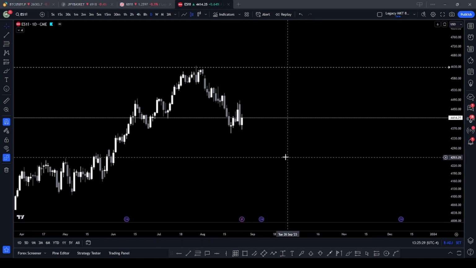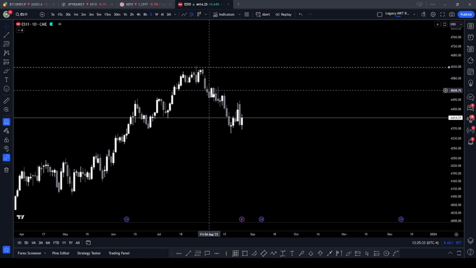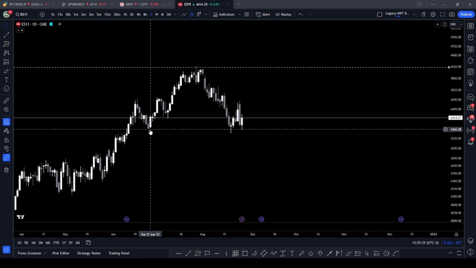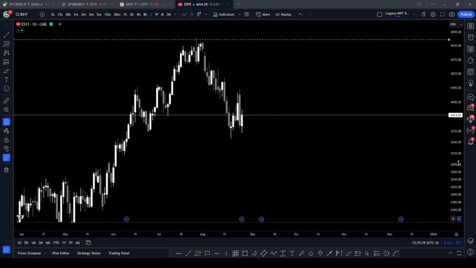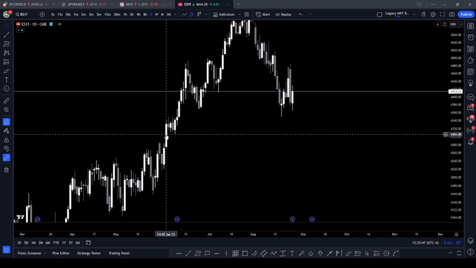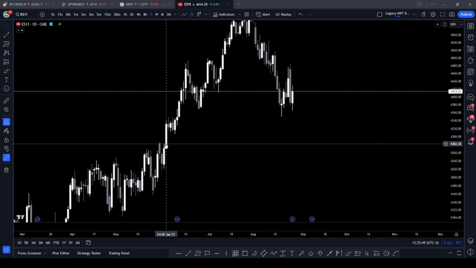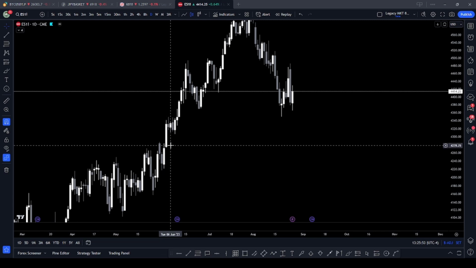Remember guys, price is only looking for two things: taking out the highs and the lows, or filling the gaps. There are different variants. Here is a gap. This is what we will call a volume imbalance gap. This is a BISI, buy side imbalance, sell side inefficiency.